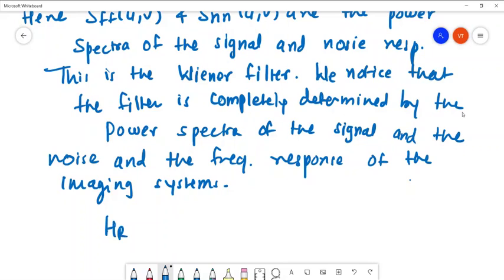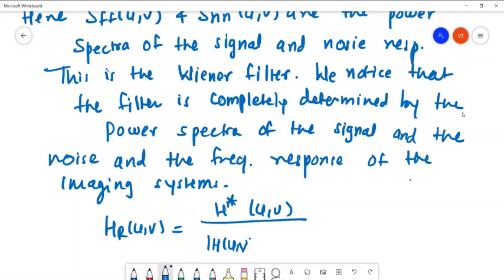So Hr(u,v) is given by H complex conjugate (u,v) upon mod of H(u,v) squared plus Snn(u,v) upon Sff(u,v).